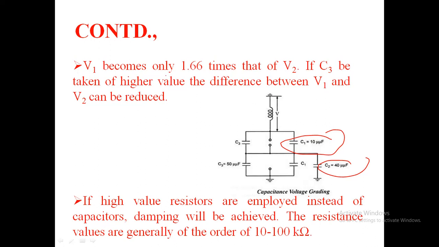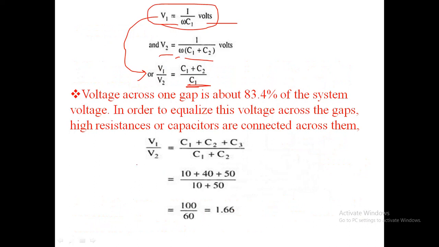After substituting using the formula from the previous slide, C1 is 10, C2 is 40, C3 is 50. The capacitances are added, C1, C2, C3, and in the numerator this will be C1 plus C2. The capacitance is connected across them in order to equalize the voltage, but our formula is V1 by V2 equal to C1 plus C2 by C1.